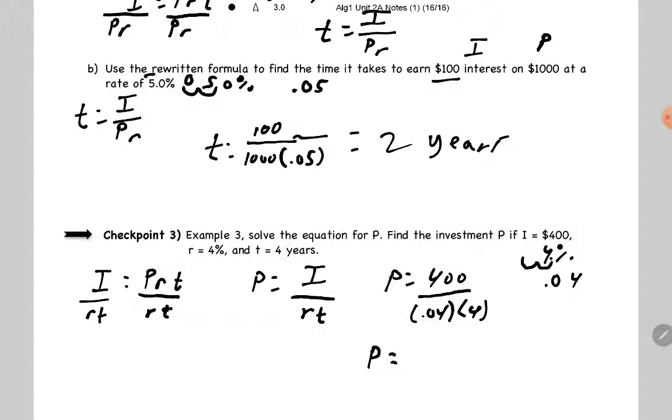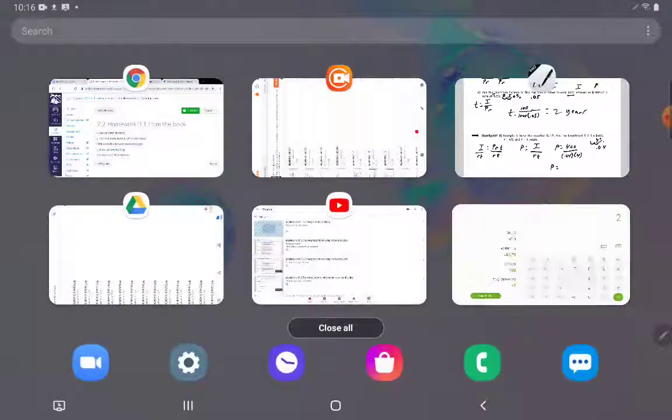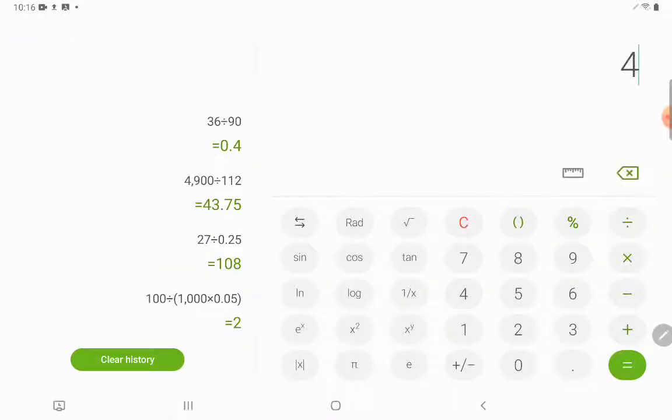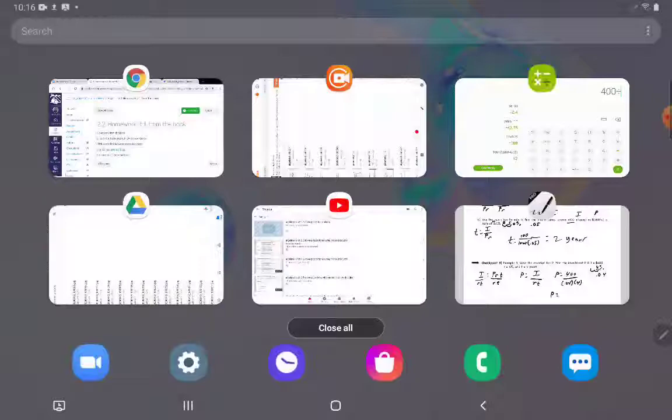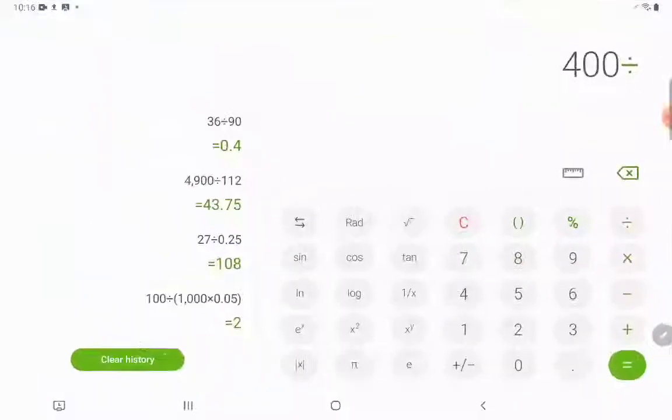I invested, putting my calculator here, 400 divided by, parentheses, 0.04 times 4.